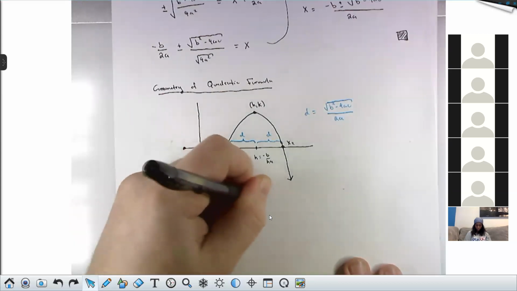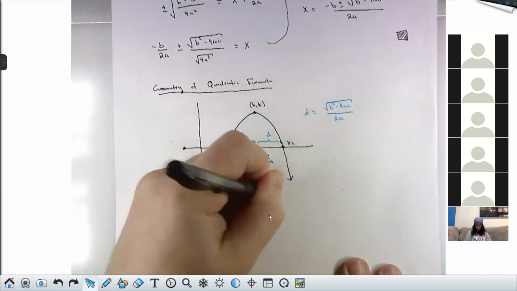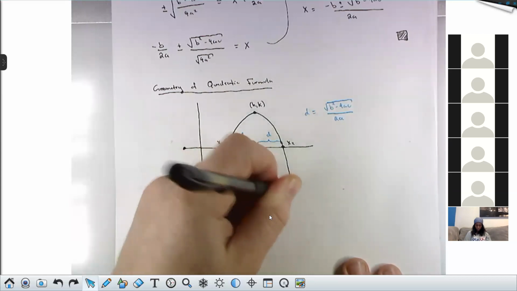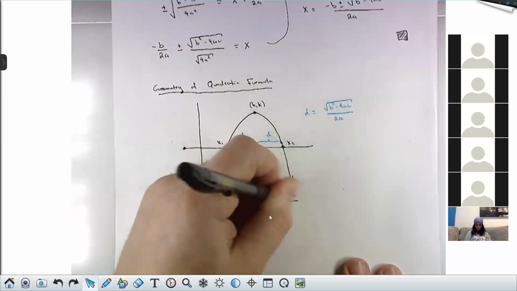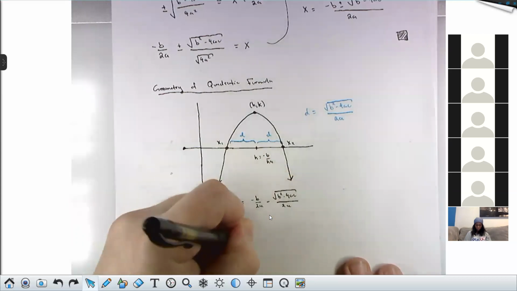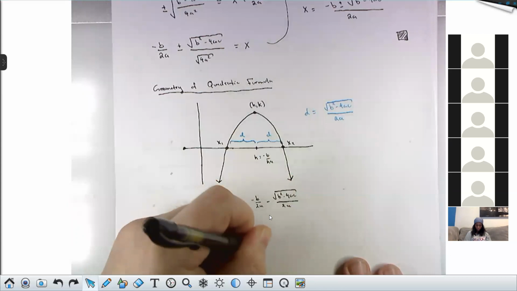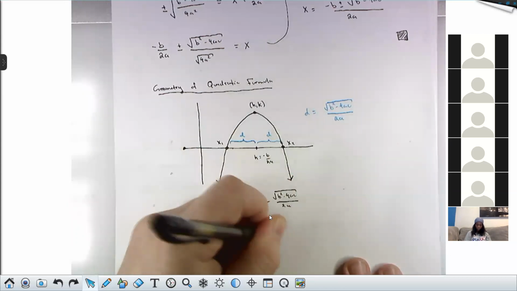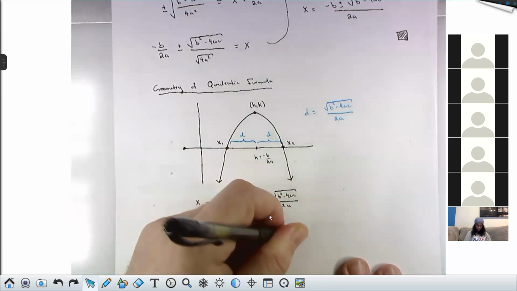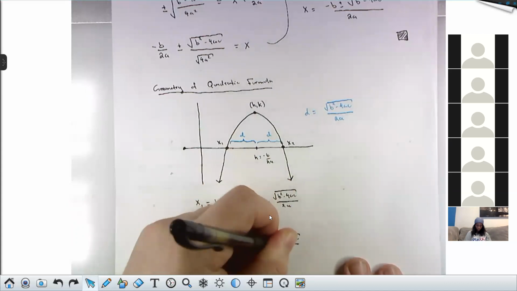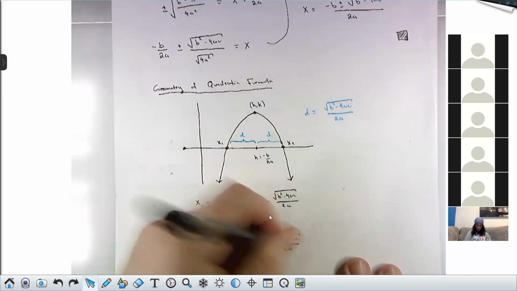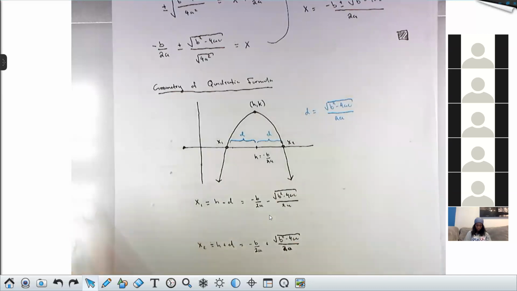It's negative b over 2a minus the square root of b squared minus 4ac over 2a, plus the square root of b squared minus 4ac.